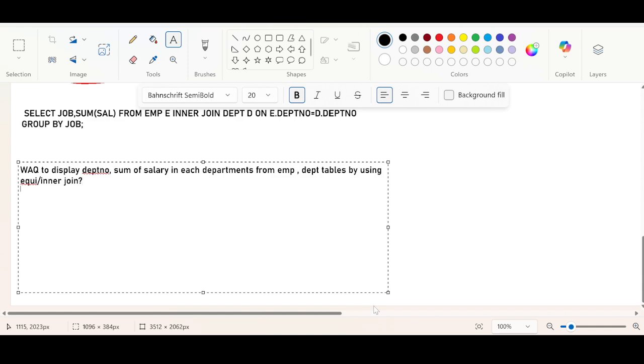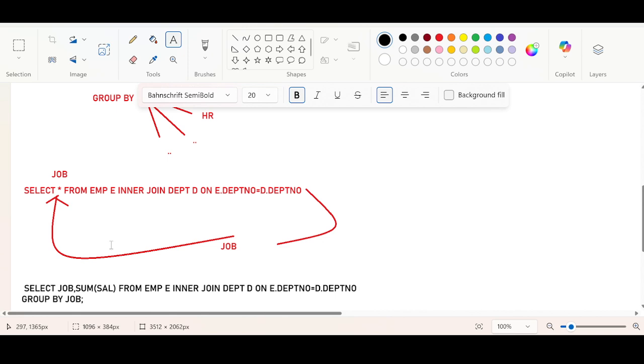Okay, so if you see both the queries, there is one small difference between this query and the previous query.